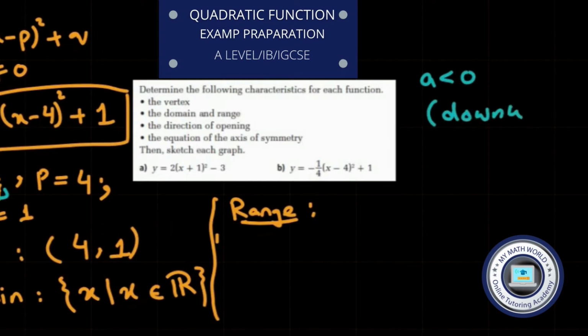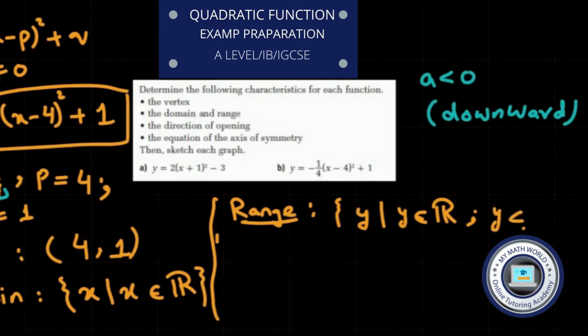So the range would be y such that y belongs to R, the set of real numbers, and y is less than or equal to the value of q in the vertex, which was 1. Y is less than or equal to 1.